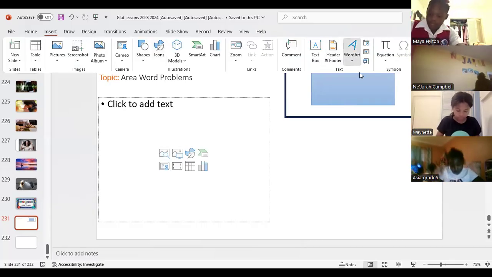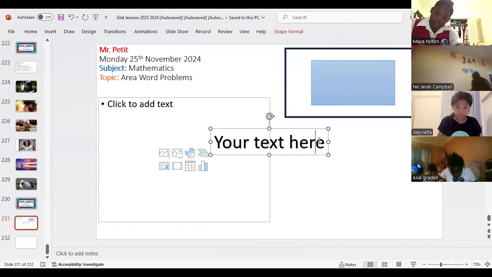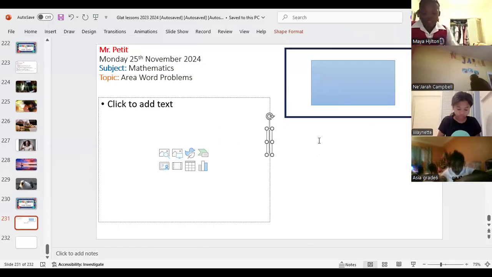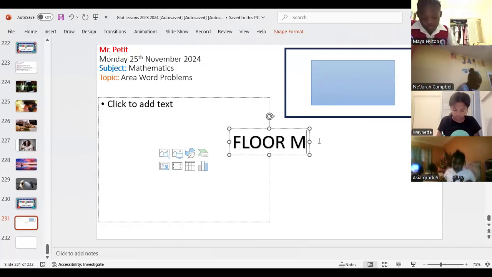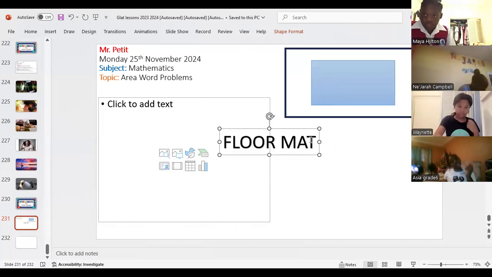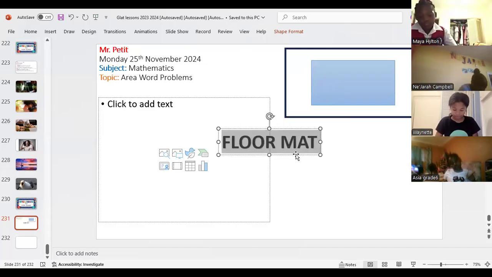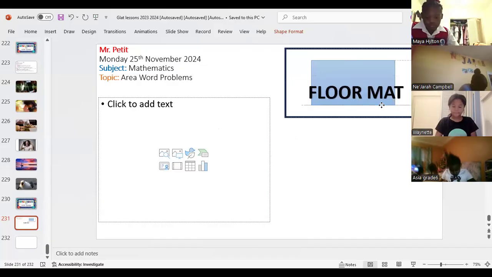We also have to name it. So this says that this is the floor mat on the inside.